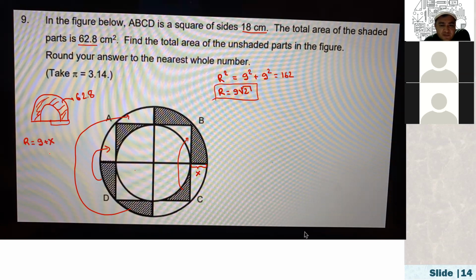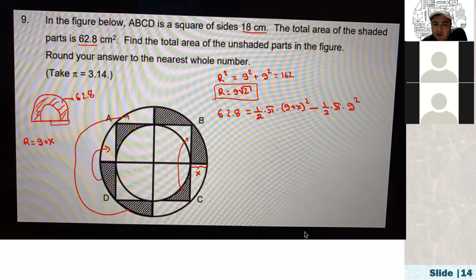So the shaded region, 62.8, is equal to the area of the big semicircle, 1 over 2 times pi times (9 plus x) squared, minus the area of the small semicircle, 1 over 2 times pi times 9 squared.